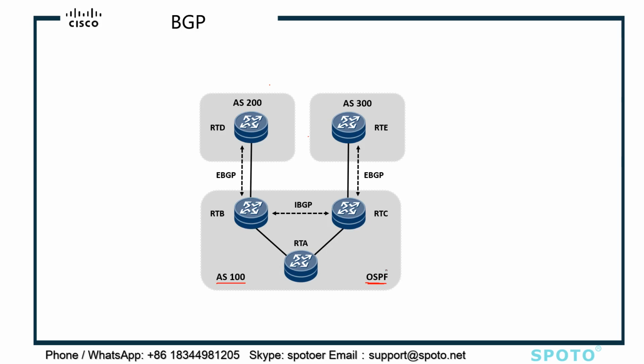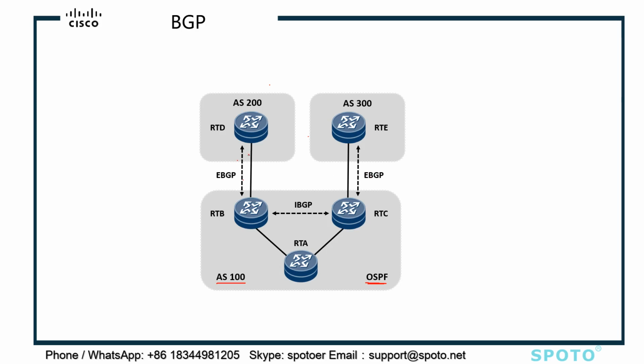So in this area, RTA, B, and C will calculate the routes and generate the routing table. And between the different AS, we use the BGP protocol. The BGP protocol is used to transmit and control the routes between different AS.